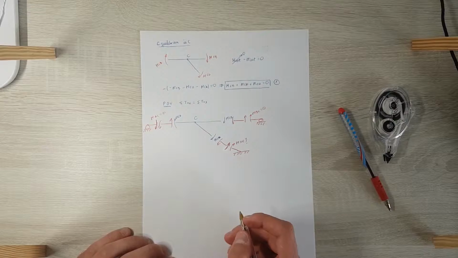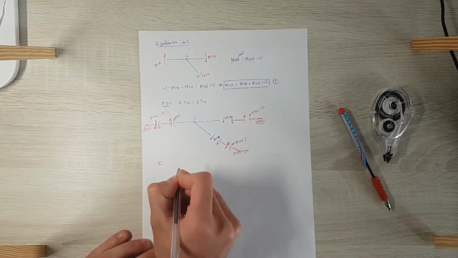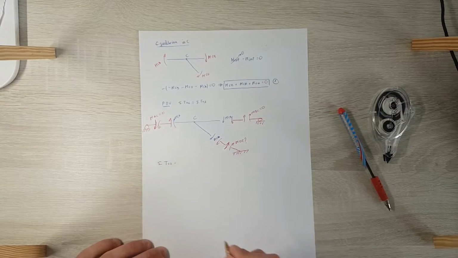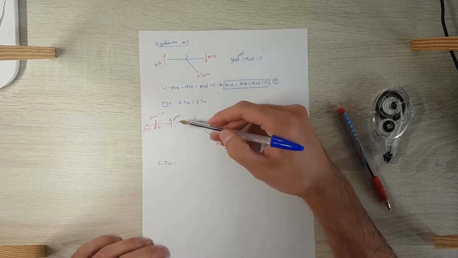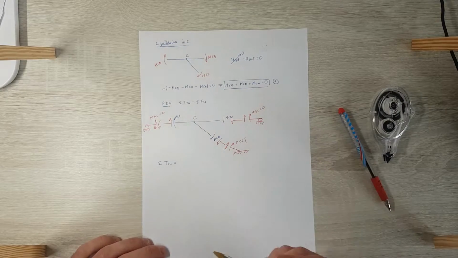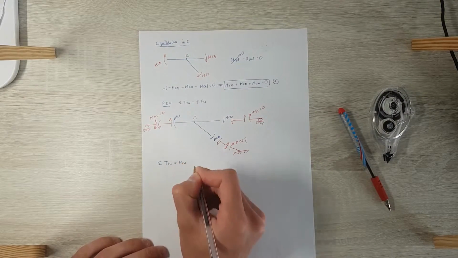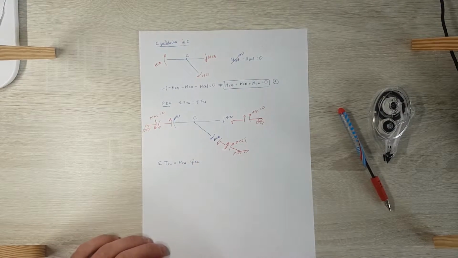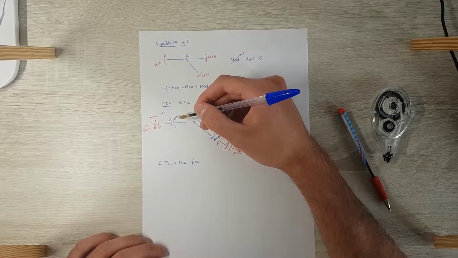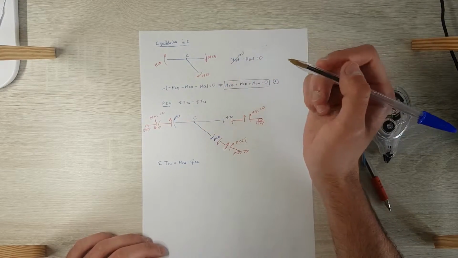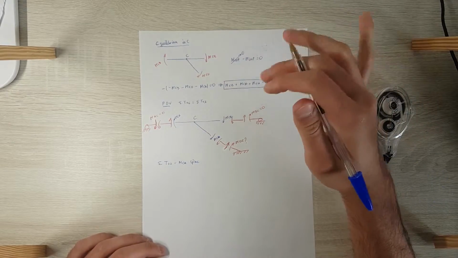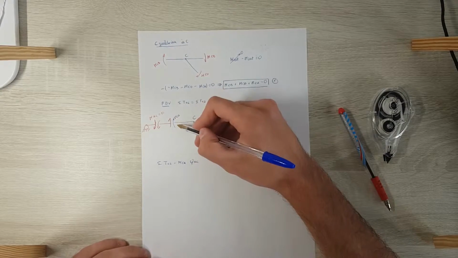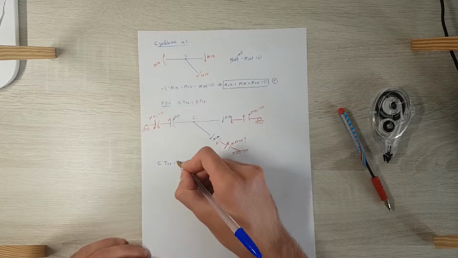So now I'm going to take the summatory of the internal work. We have here MCA, and I'm going to multiply it by CAC, and we can see from the first picture I have done before that this CAC is in the same sense as this moment, so the sign is a plus.